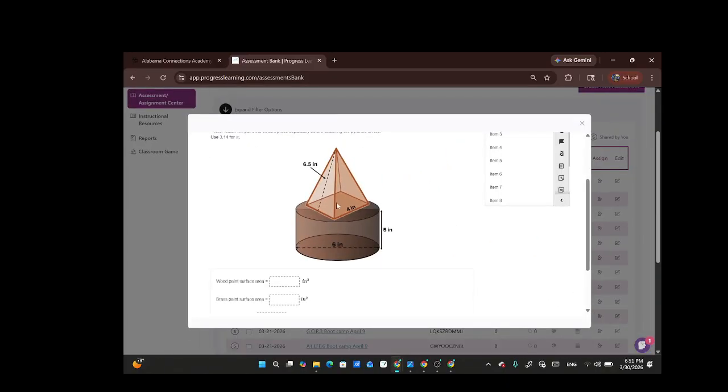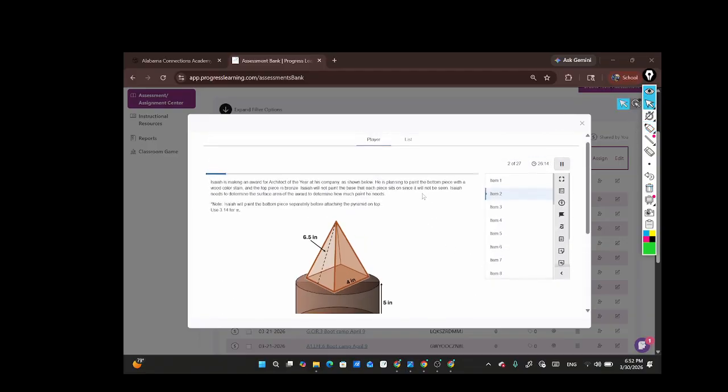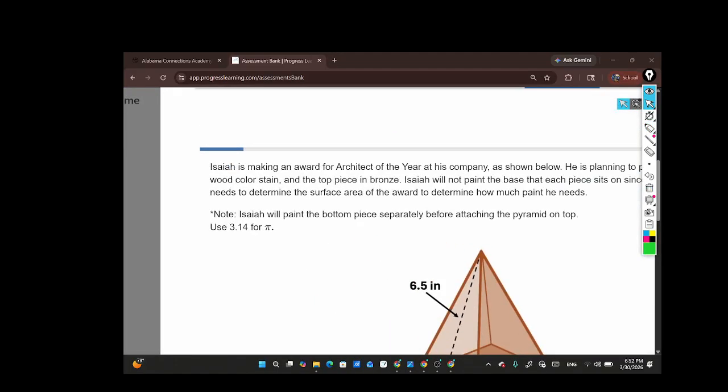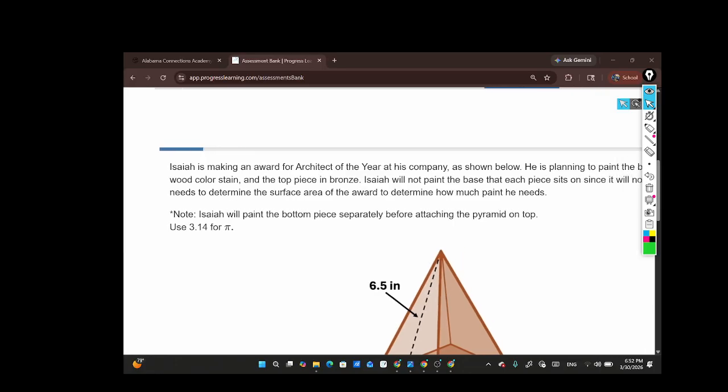So here is the bottom piece, which is a cylinder. Based on this question, this bottom piece will be painted a wood color, and the top piece in bronze.